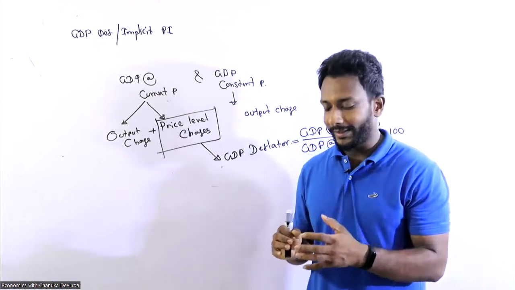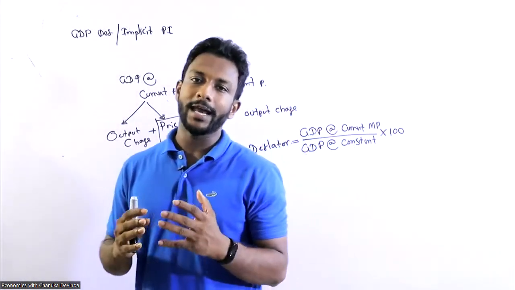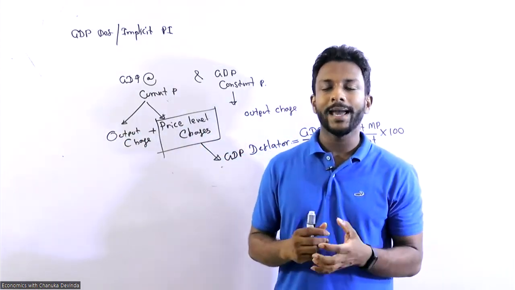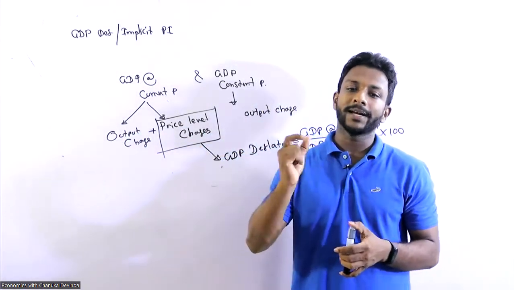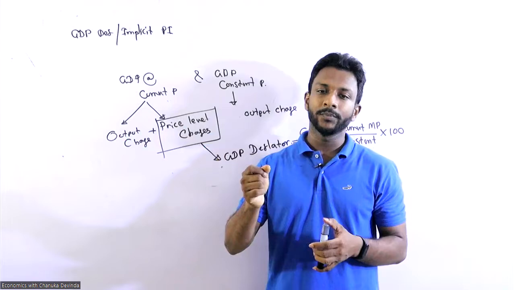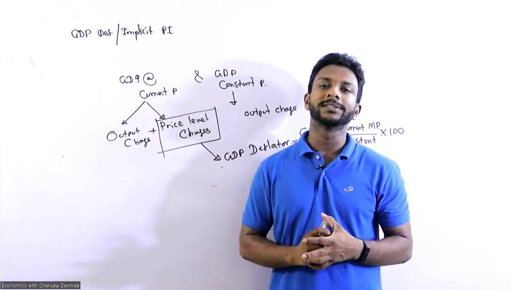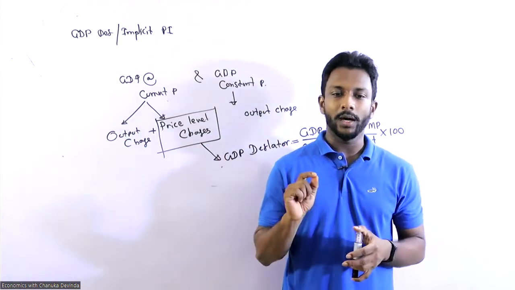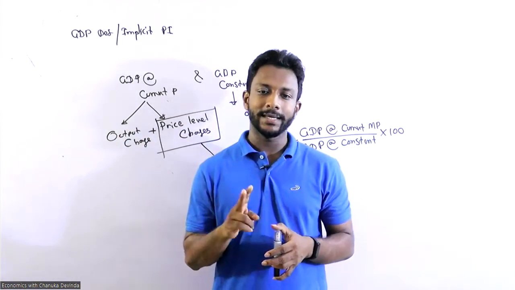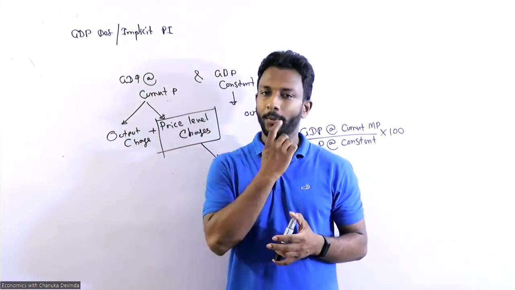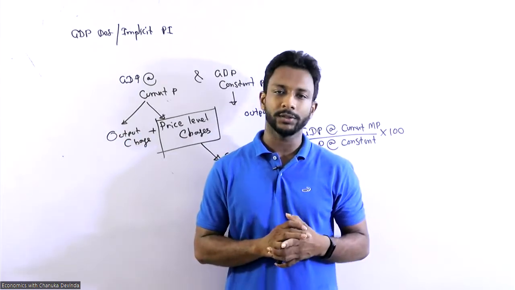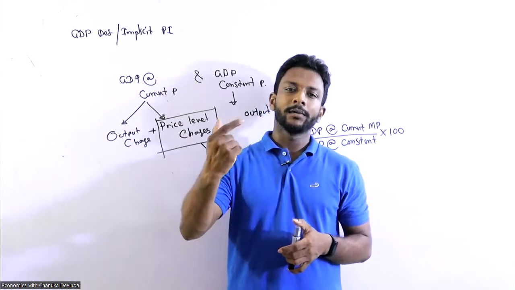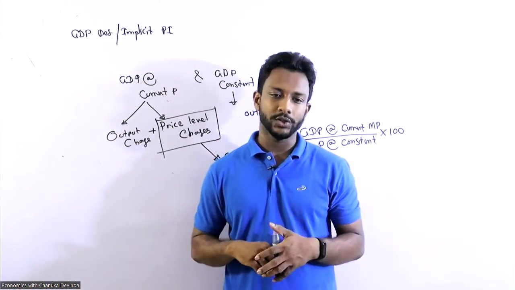GDP deflator can be identified as the price index to calculate the changes in price level of all the final goods and services in a country. So it's better to study the third point as the definition, and the second point is the explanation.